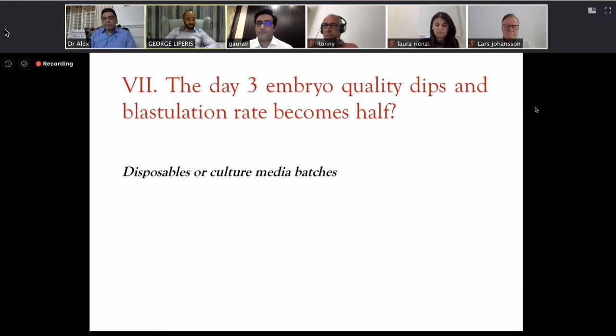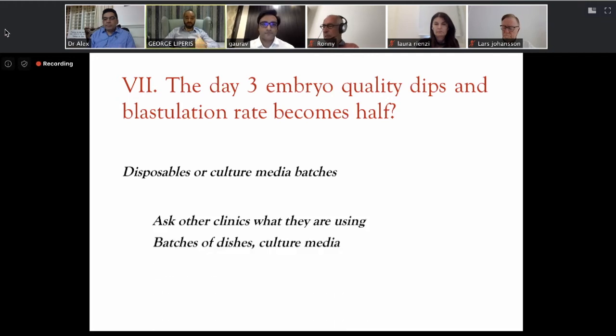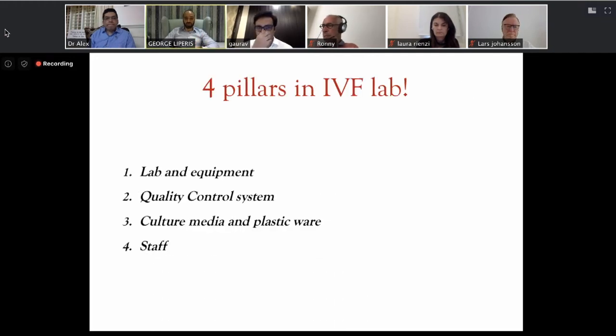I would say that there are 4 pillars to be looked at. One is having good laboratory conditions, with good critical equipment and equipment to monitor. Two is to have a quality control system in place that we know how to use.